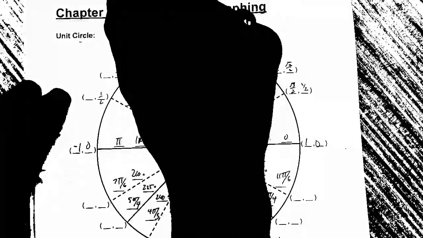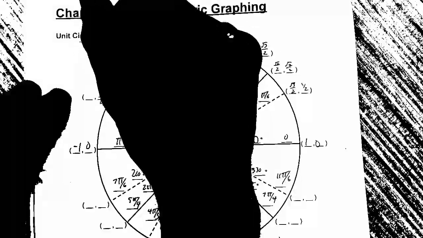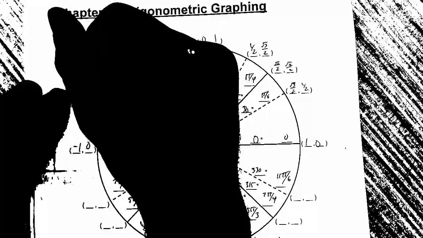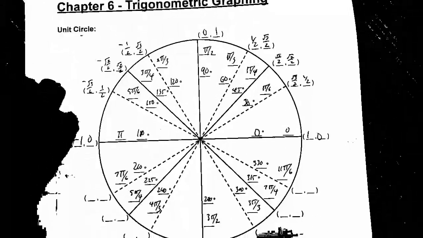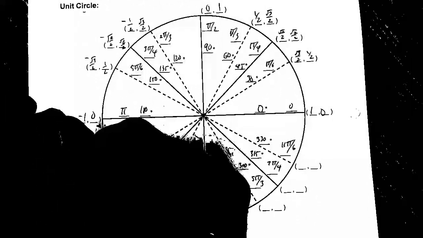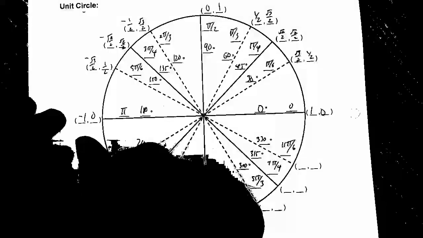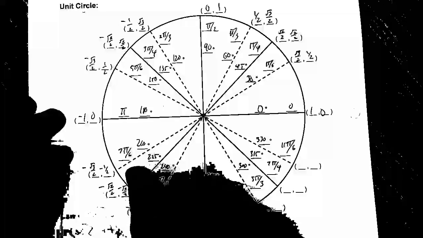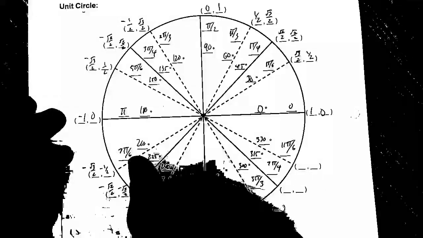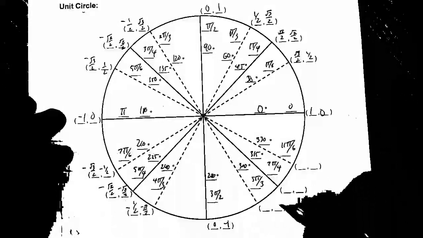This is 1/2, negative 1/2, negative root 2 over 2, negative root 3 over 2, and then down bottom, all negative. So negative root 3 over 2, negative 1/2, negative root 2 over 2, negative root 2 over 2, negative 1/2, negative root 3 over 2.